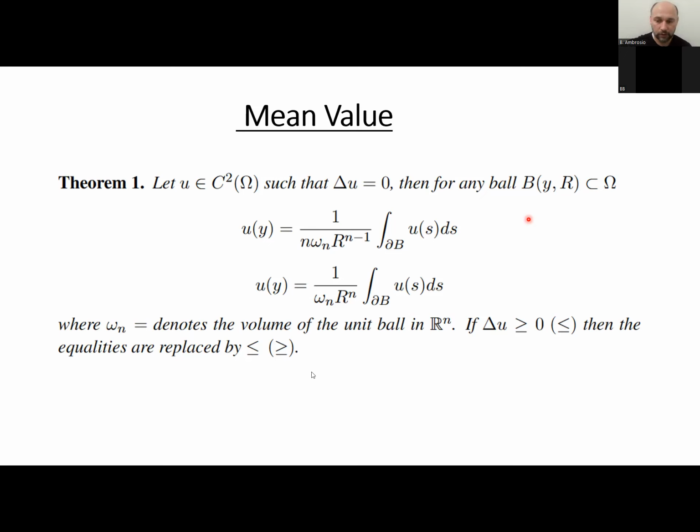So if you choose a sequence of points in omega_M which converges in omega, then by continuity, the limit is also in omega_M. This is because we assume that u is C2, so it's continuous.